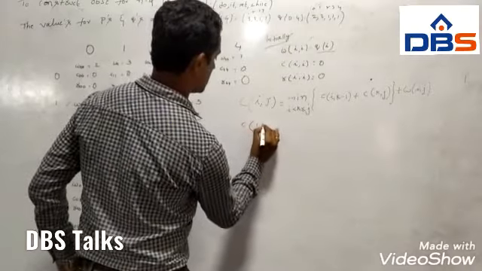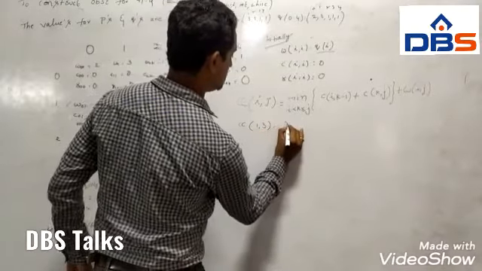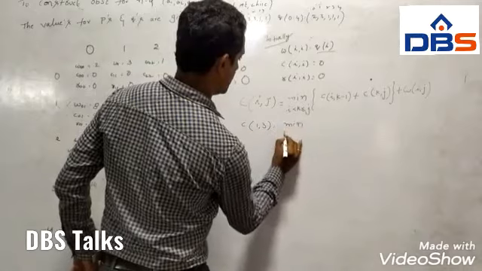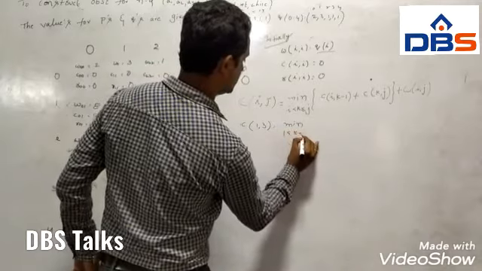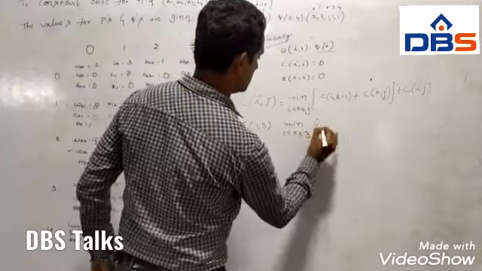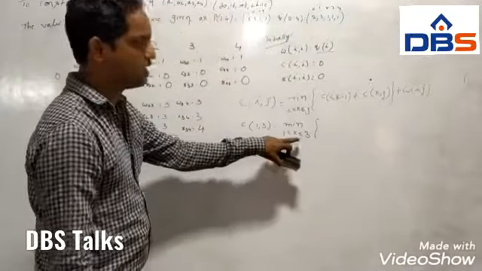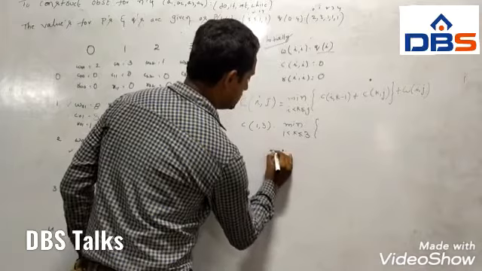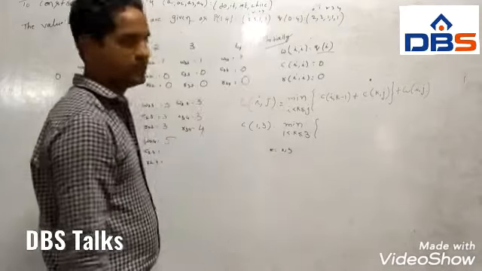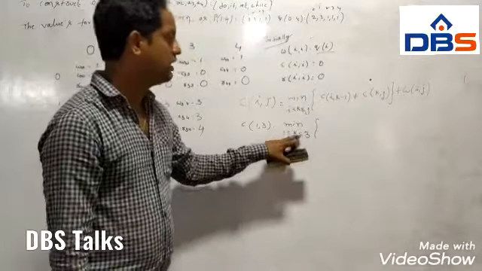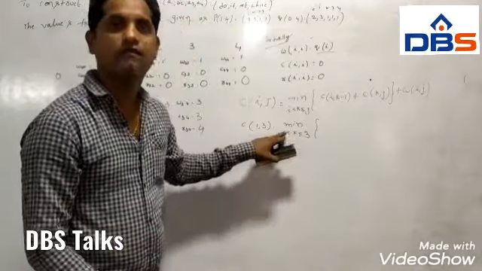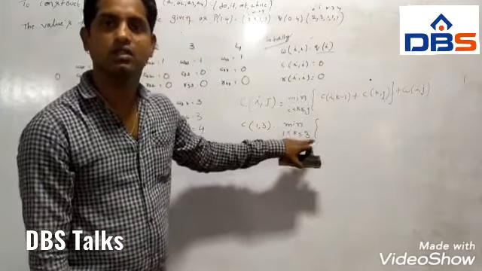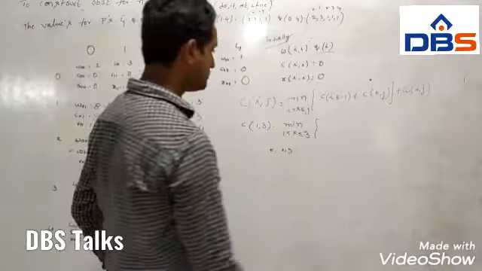C of 1 comma 3, that equal to min 1 less than k less than or equal to 3. See, 1 less than k less than or equal to 3 satisfied. K equal to 2 comma 3 also, that is 1 less than 2 less than or equal to 3 satisfied. 1 less than 3 less than or equal to 3 also satisfied. Okay.